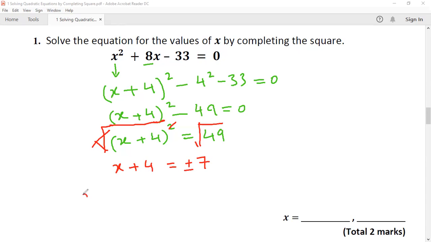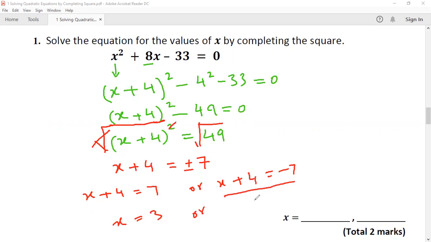Then I can take away 4 from both sides of this equation, and that's going to give me x equals 3. Or from this equation here, I can take away 4 again, and that's going to give me minus 11. So the two values for the equation will be 3 and minus 11.